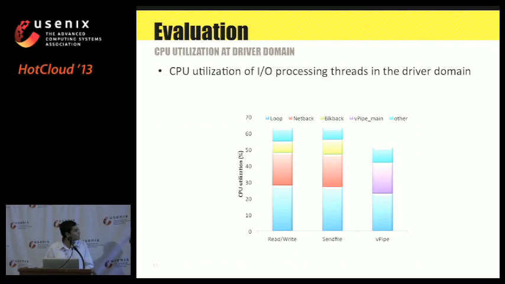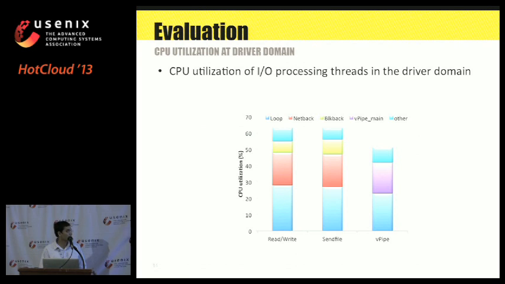The red bars and the green bars represent the network backend emulation. For virtual machines, there is a backend component at the driver domain which emulates the different drivers. The red one is netback, which emulates the network card, and the green one is blockback, which emulates the block device driver.